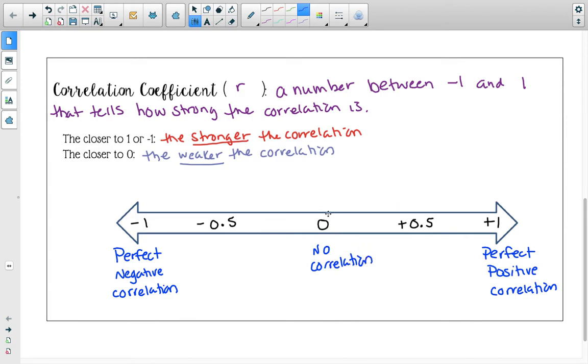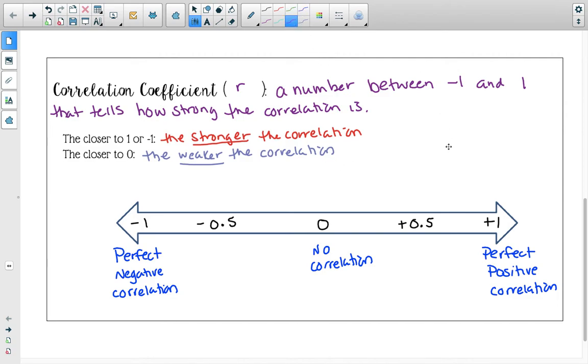As they move away from 0, the stronger they become. So if they're in the halfway mark, they're not going to be perfectly strong, not going to be perfectly weak. You will see some discrepancies in the data points where they're not going to be in a perfect line, but they will be more linear in pattern.